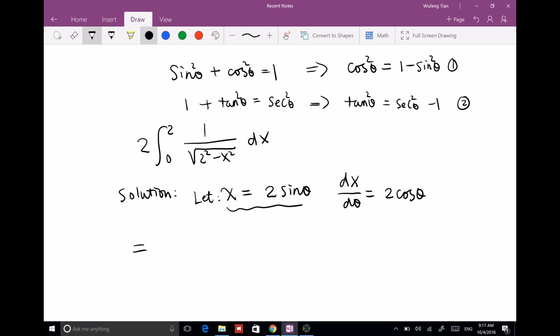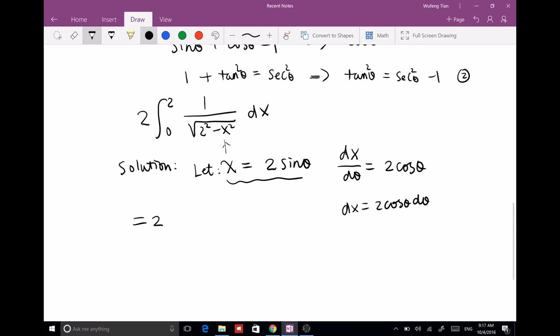Yeah, 2 cosine theta, very good. So we got dx equals 2 cosine theta d theta. The reason we have to do that is because if we substitute x, we also have to substitute the dx. So we plug it back in now.